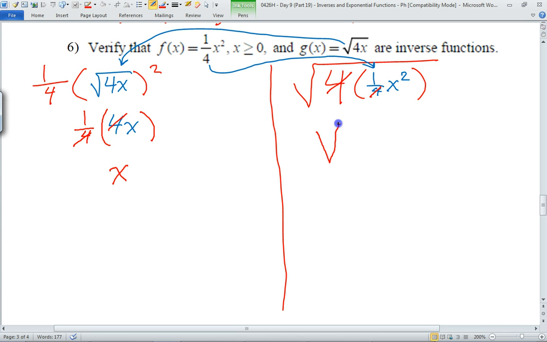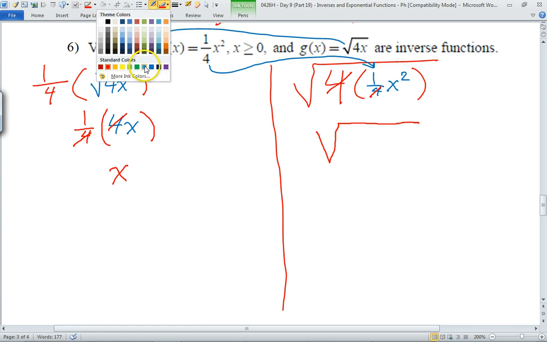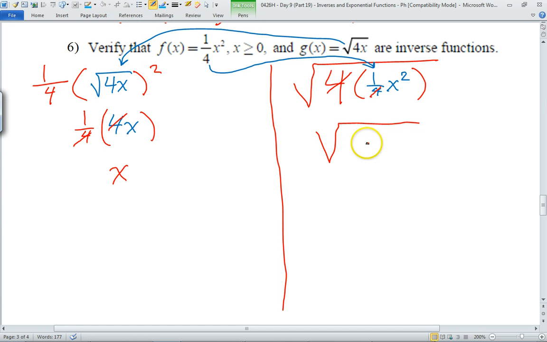So that's going to leave me with my square root, and it's going to leave me with my x squared in there. But of course, the radical and the exponent cancel each other out, and again I'm left with x. This proves that the two functions are in fact inverses.